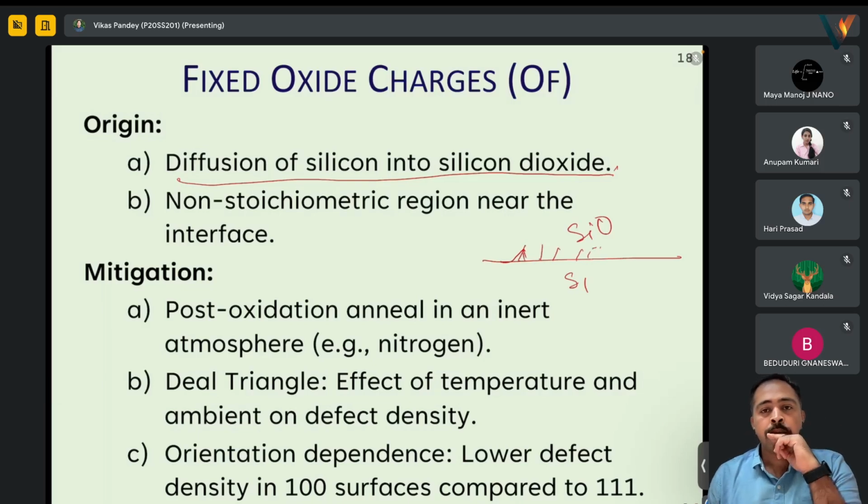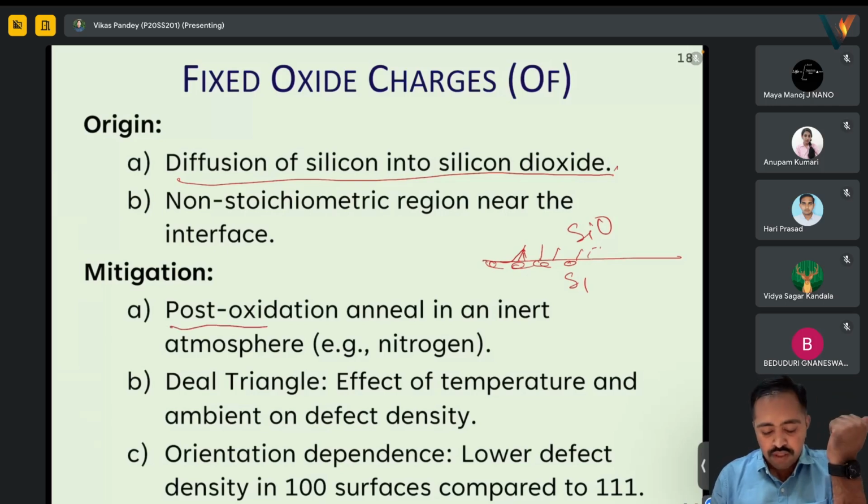In this case, the ratio of silicon will become non-stoichiometric near the interface. So how can we mitigate this? How can we control or remove this?